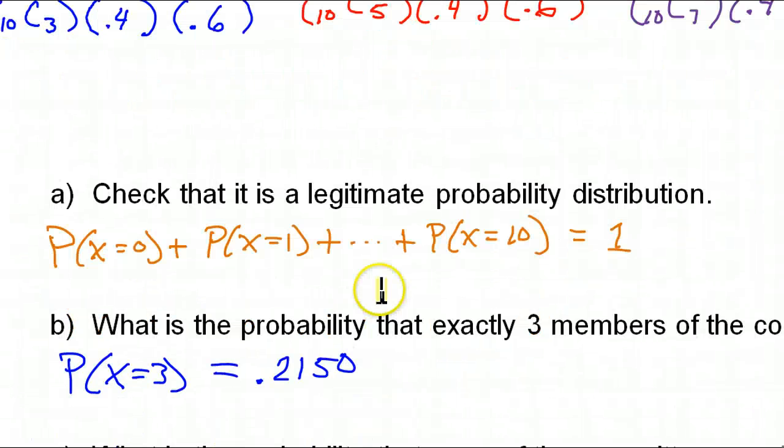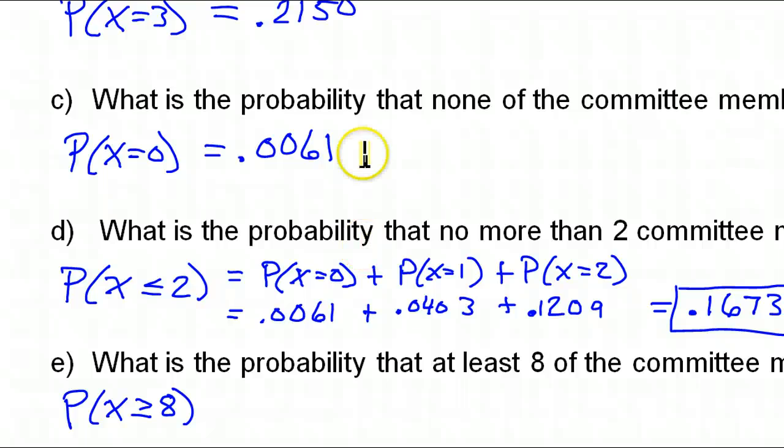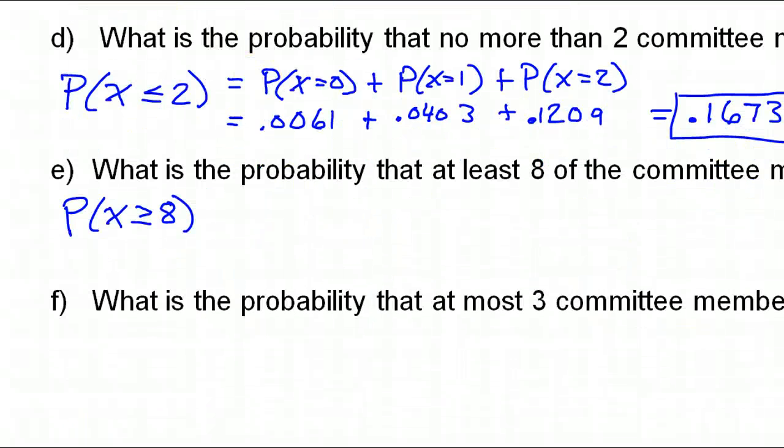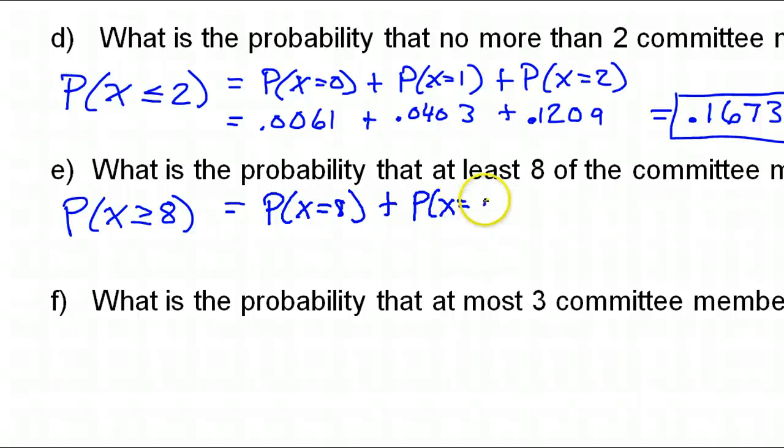Here's how you show your work: the probability that x equals 8 plus the probability that x equals 9 plus the probability that x equals 10.